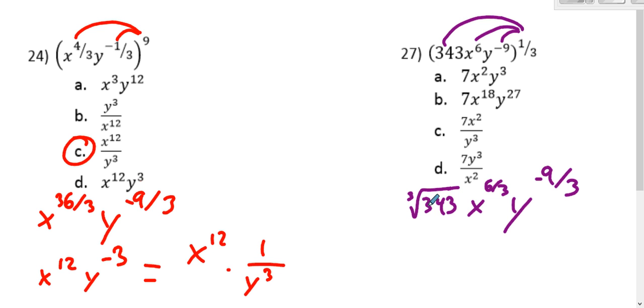So the cube root of 343 is 7. 7 times 7 times 7. And then 6 divided by 3 is 2, so that's x squared. 9 divided by 3 is 3, so that's y to the negative third. That negative exponent just means it needs to move down. So we have a 7x squared and then a y to the third on the bottom.